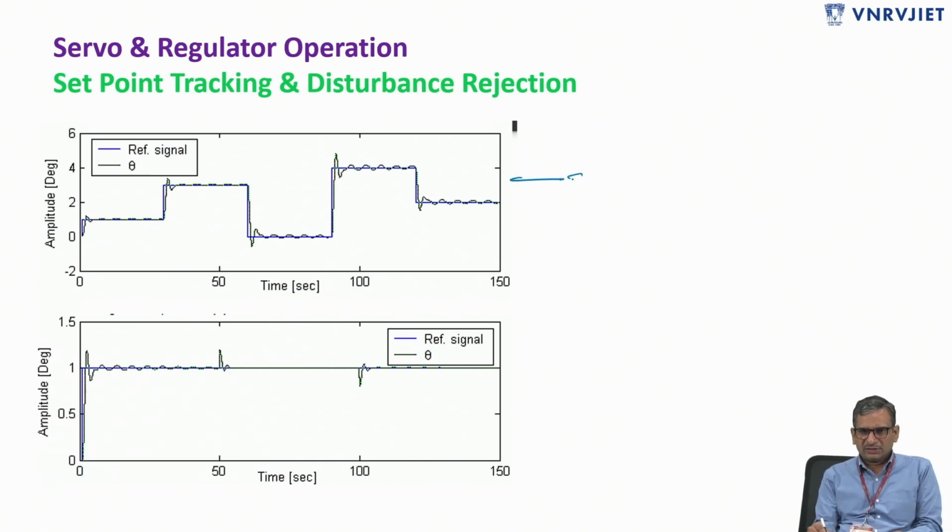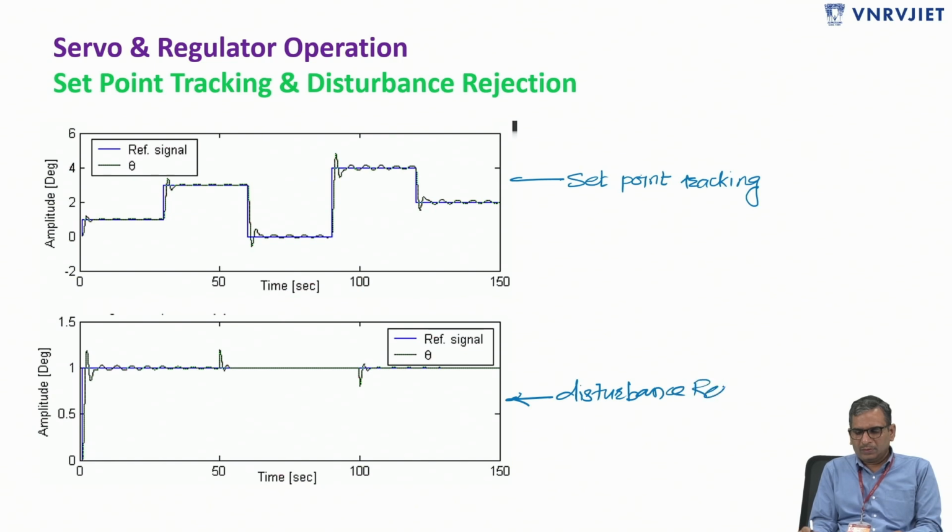The first one is set point tracking, and the second case is disturbance rejection. In both cases you can just check. Again I will revise before we see the practical example: set point tracking as well as disturbance rejection performance mainly depends on the controller gain.